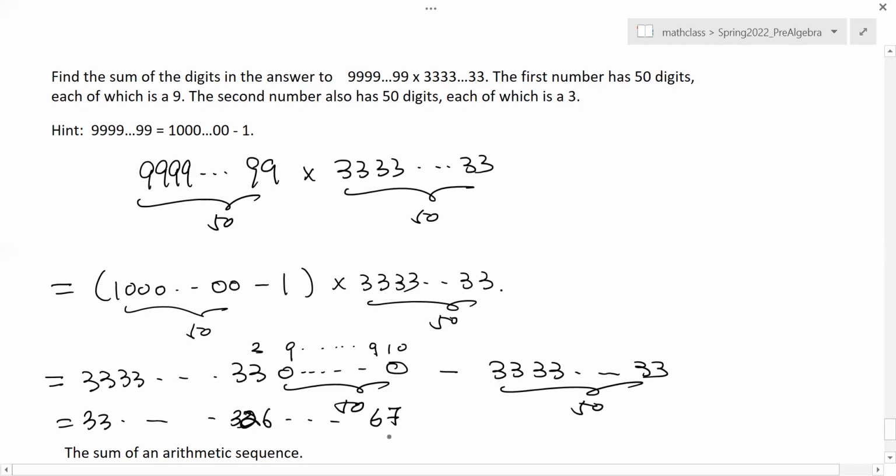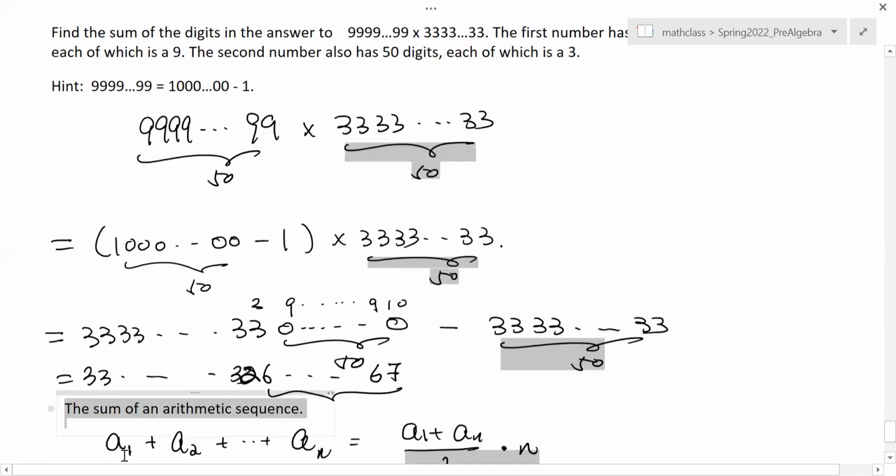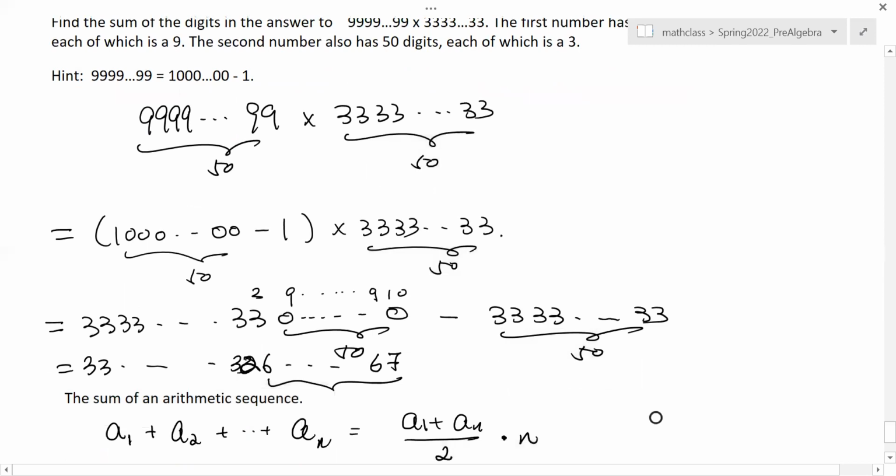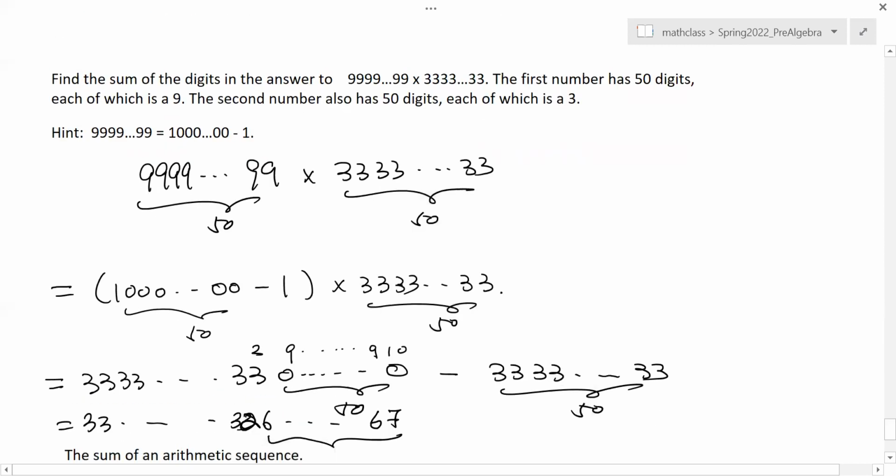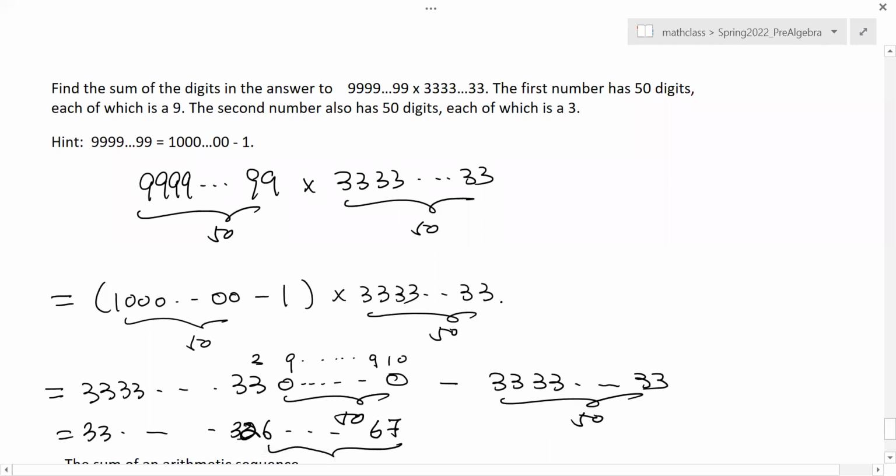From here to here, you have 50 digits, right? Got it? And then you can add all the digits together. After you get this answer, be careful when you count them. So you have 50 digits here, and then you have 50 digits here.